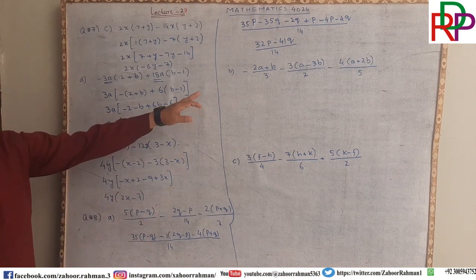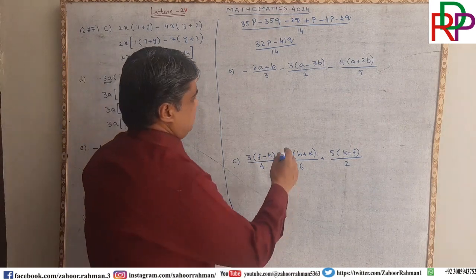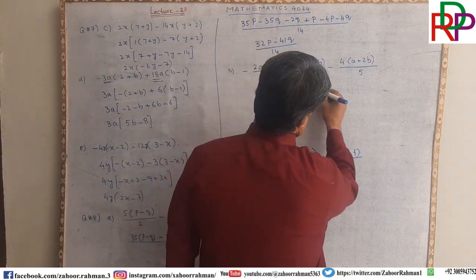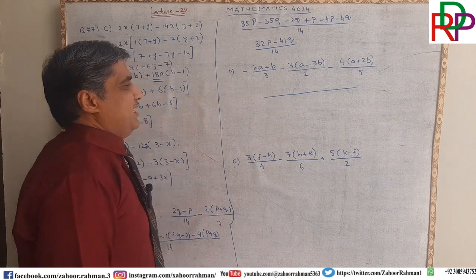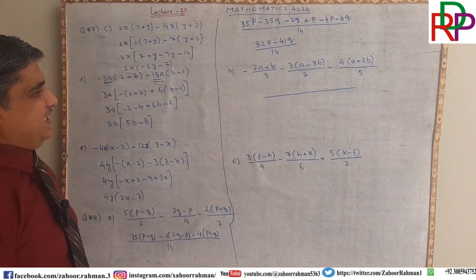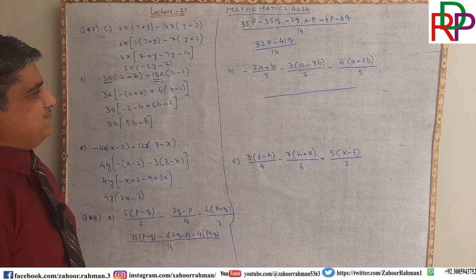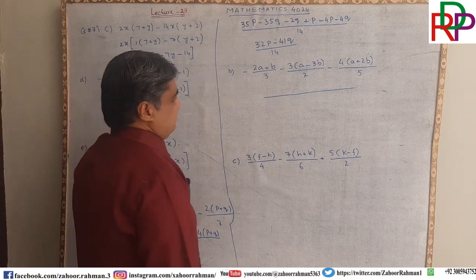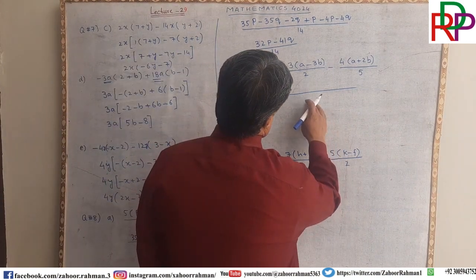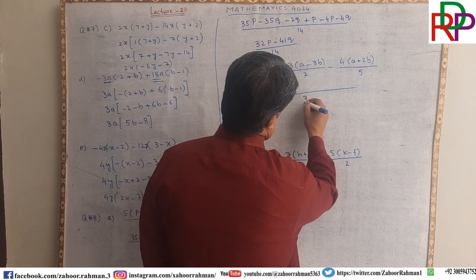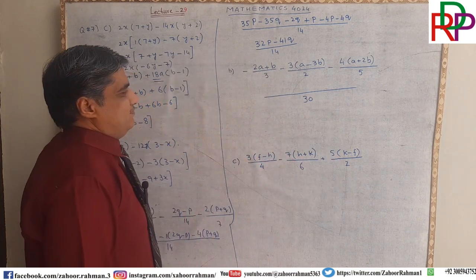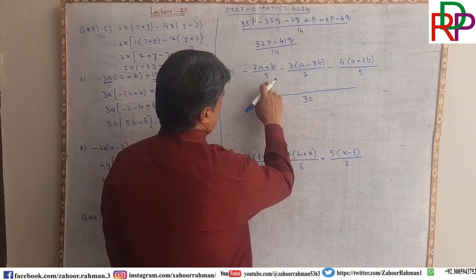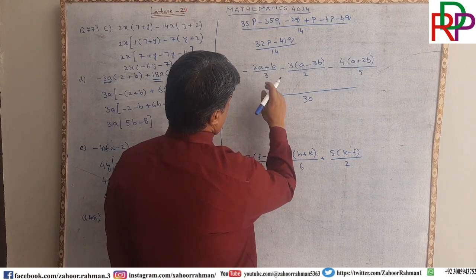Yes, it is correct. Now part B we will also solve in the same fashion. So I am taking the LCM as 30. When 30 is divided by this 3, it will give you 10.